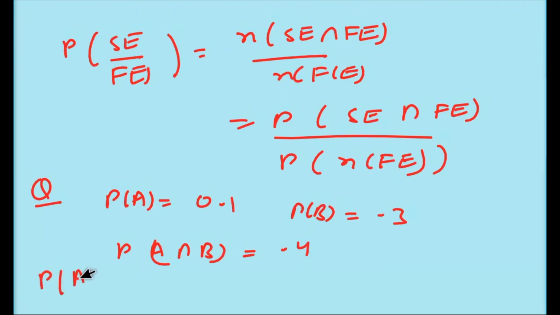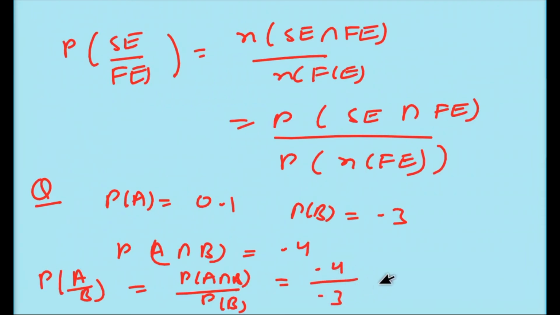Then P(A given B) equal to P(A intersection B) upon P(B). So we can write here 0.04 upon 0.3, that is 4 upon 30, which is 2 upon 15.